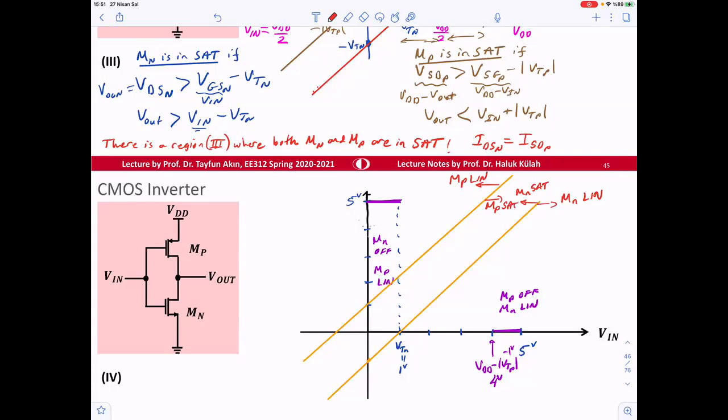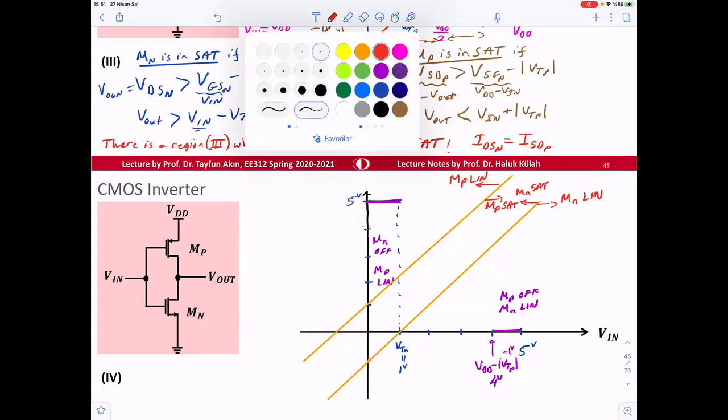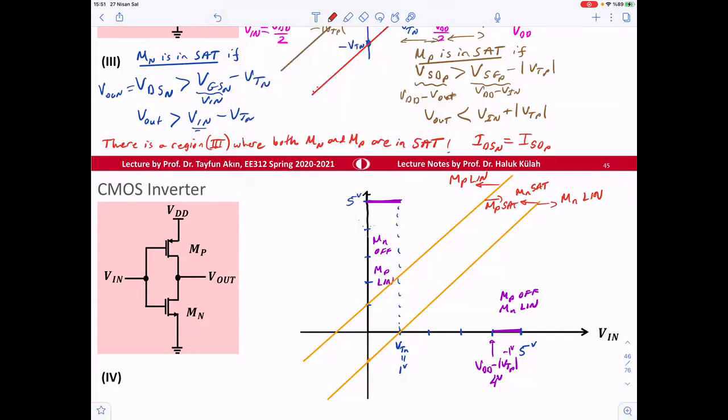Then voltage-wise, we should write the voltages here. So this is minus VTN. This one is minus VTP. And this point is VTP.